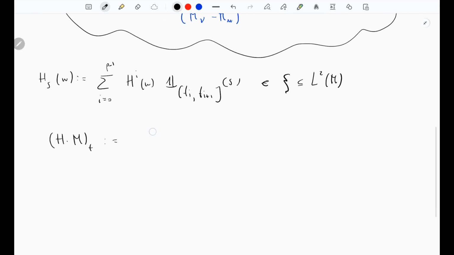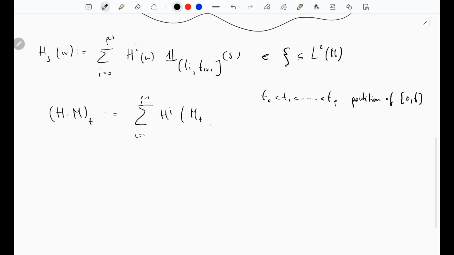And you use the elementary process, you use H_i, and then again it's the usual partition. So basically we are partitioning t_1 up to t_p, a partition of [0,T]. And that's again notation. I'll explain it. That is the notation for the stopped martingale, up to time t.